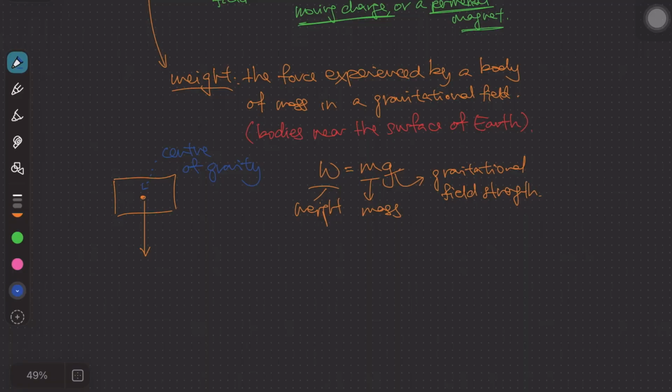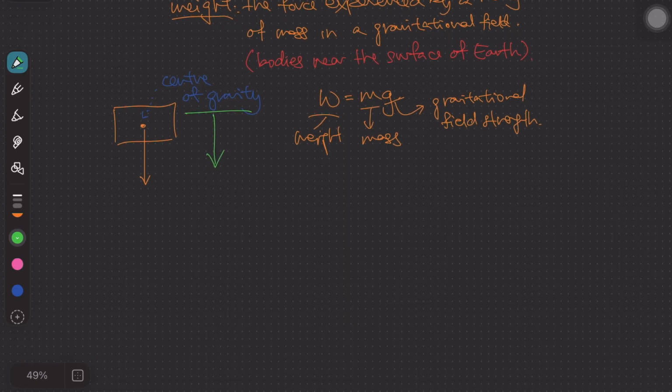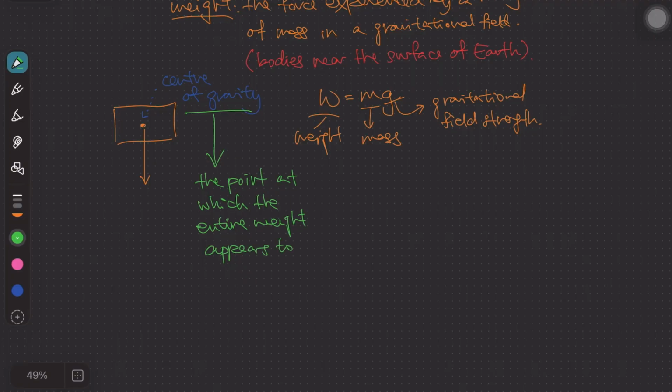For a more exact definition, the center of gravity is the point at which the entire weight appears to act.